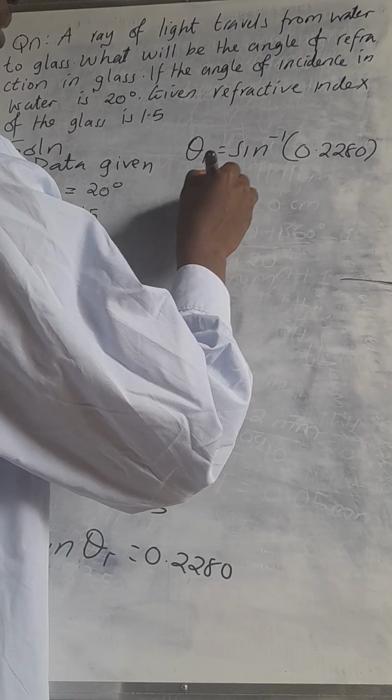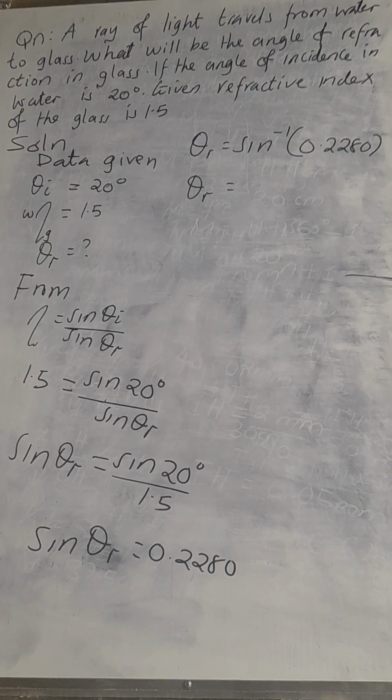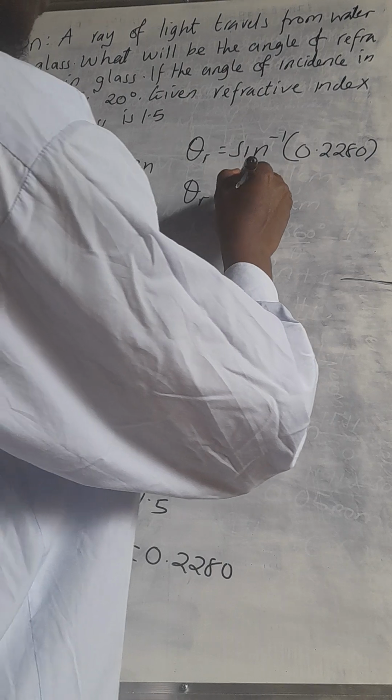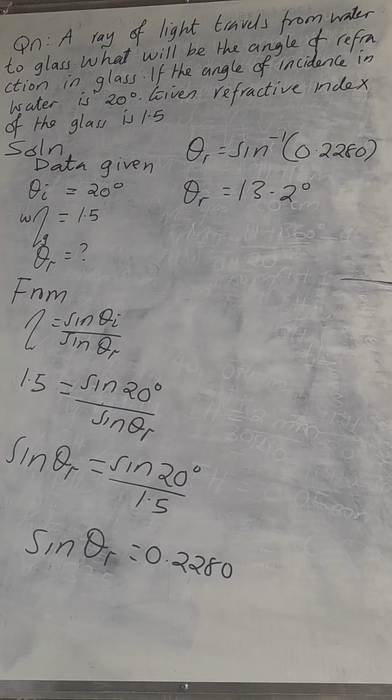Finally, you can get the angle of refraction now. You may see the angle of refraction is equal to 13.2 degrees. So this is how we can find the angle of refraction by using refractive index.